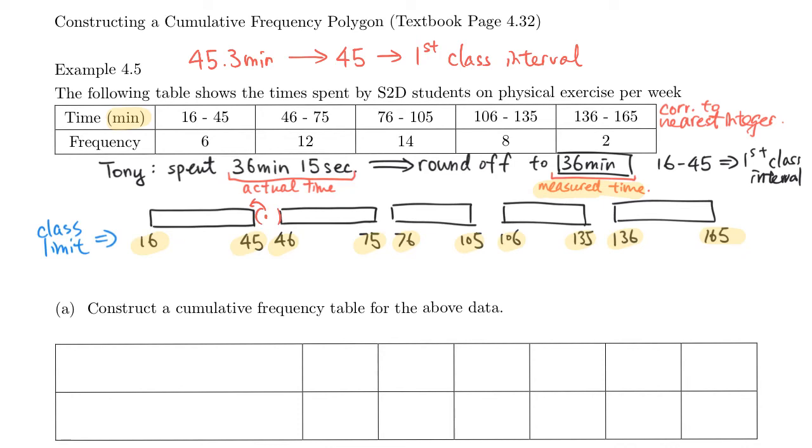And similarly, for some larger number, 45.8, for example, it belongs to the second group. So what is the actual boundary? What is the line that separates the first class interval and the second class interval? It is the middle between 45 and 46. That is 45.5. Because this is the boundary that separates the two groups, we call this the class boundary.